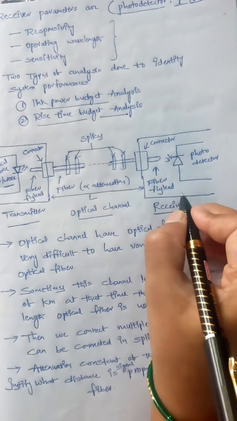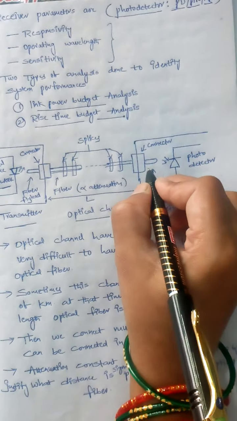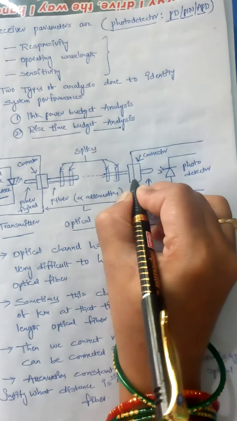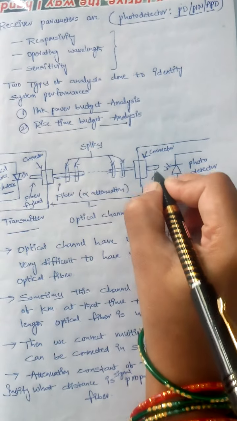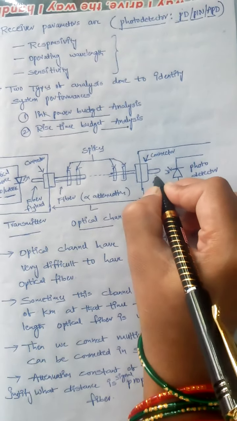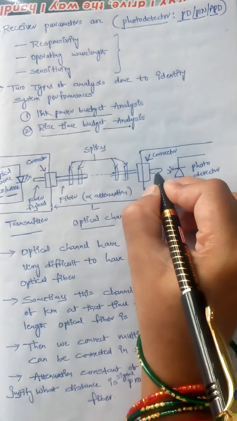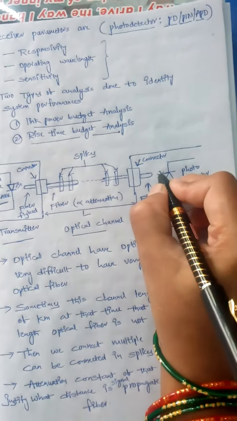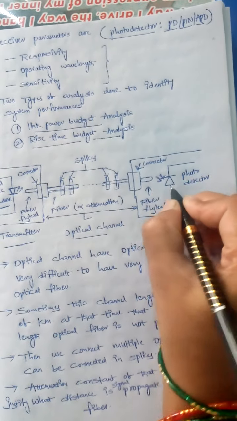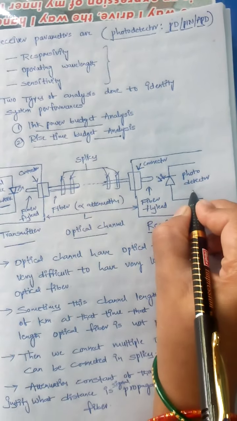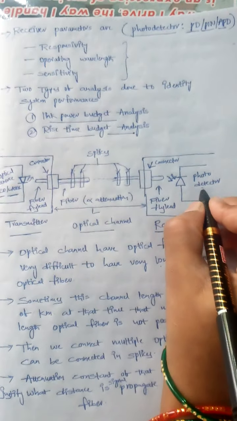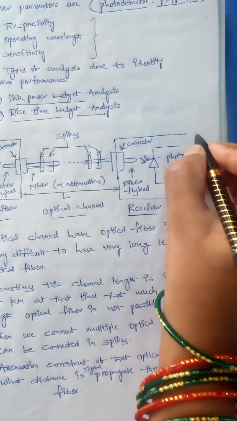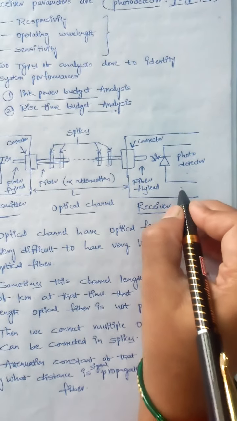On the receiver side, there is also one connector and fly lead. At the destination, the signal is received by the photodetector, and the photodetector converts the light signal back into the original electrical signal.